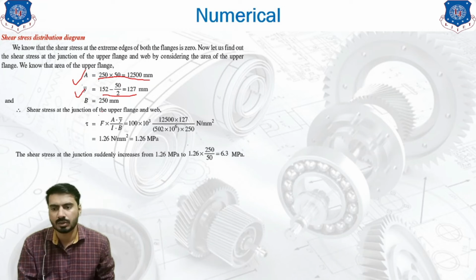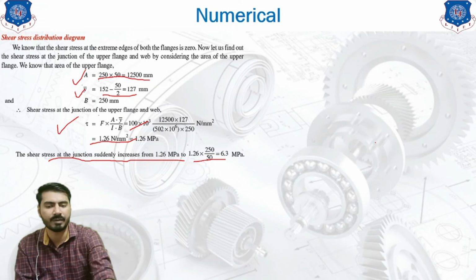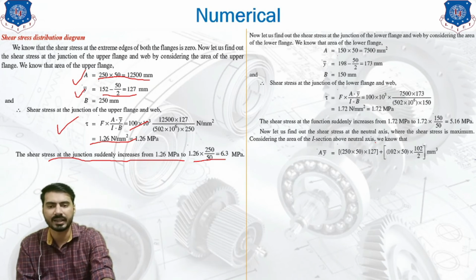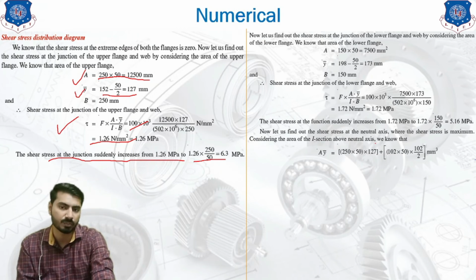We will put all this value in our equation of shear stress, F A Y bar upon I B. Putting all this value over here will give us the answer in terms of 1.26 Newton per mm square. Now this shear stress at the junction suddenly increases from 1.26 megapascal to 1.26 into 250 divided by 50. So this is the 6.3 answer that we are getting at the junction point.